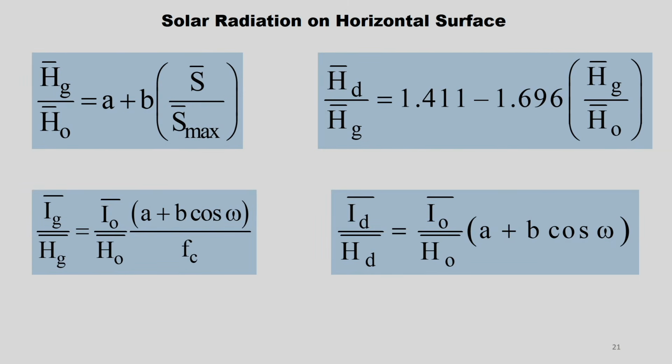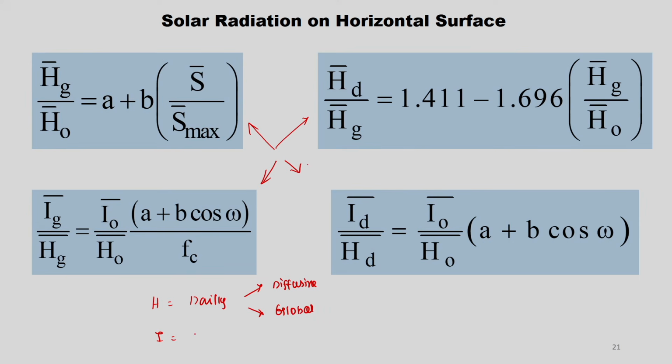And then solar radiation on a horizontal surface. Here it is mostly with all correlations. This H refers to daily diffusive or global radiation.